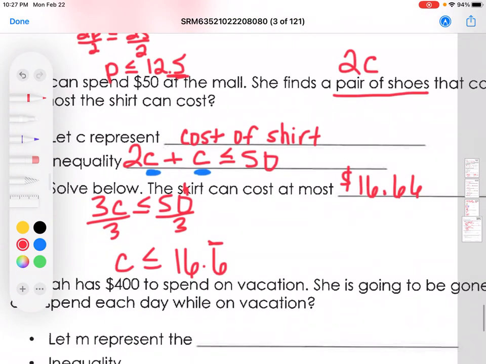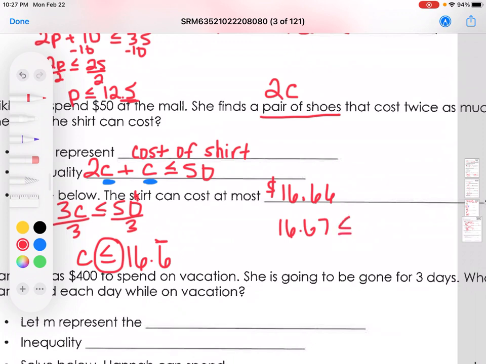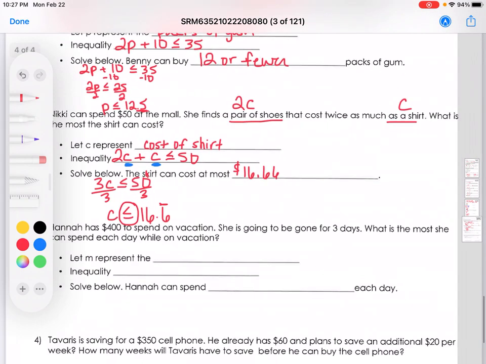Because this says less than or equal to, I know that it can't be any more than $16.66. So I couldn't round to 16.67, because is that less than or equal to 16.6 repeating? No. So $16.66 would be the most that the shirt could cost.